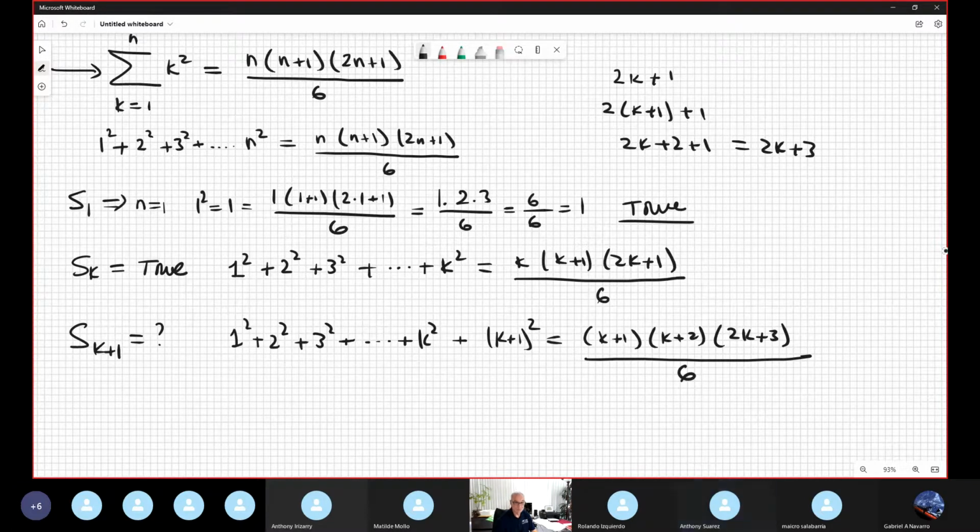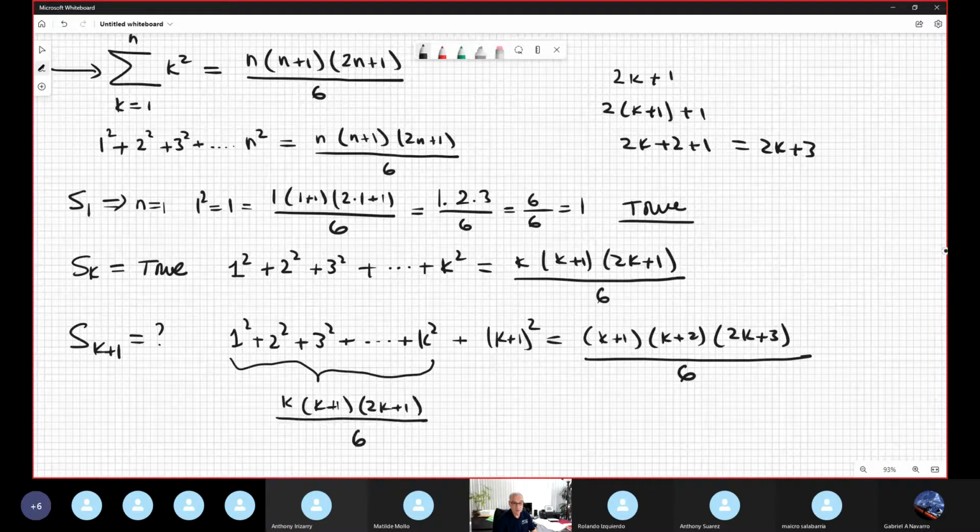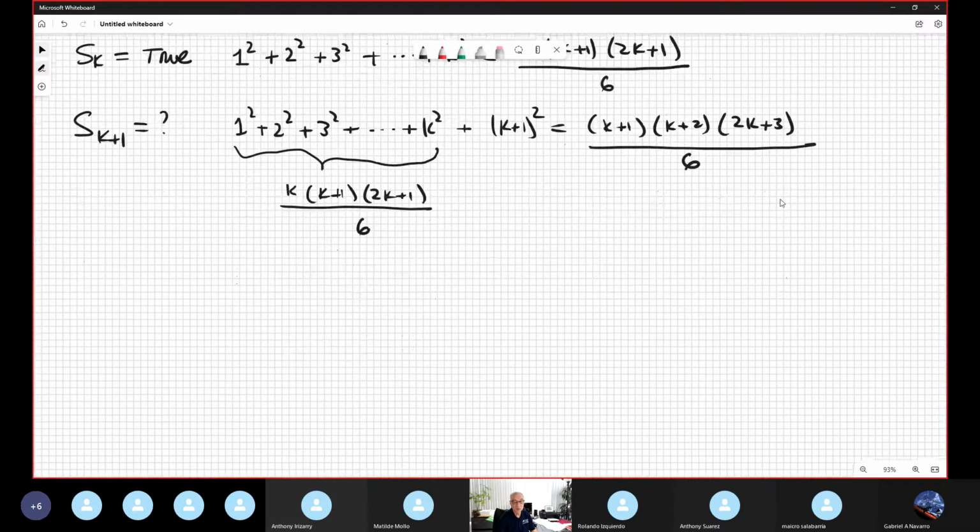Now the assumption was that this is equal to k times k plus 1, times 2k plus 1, divided by 6. Now ready to combine later. At least the common denominator is obviously 6.